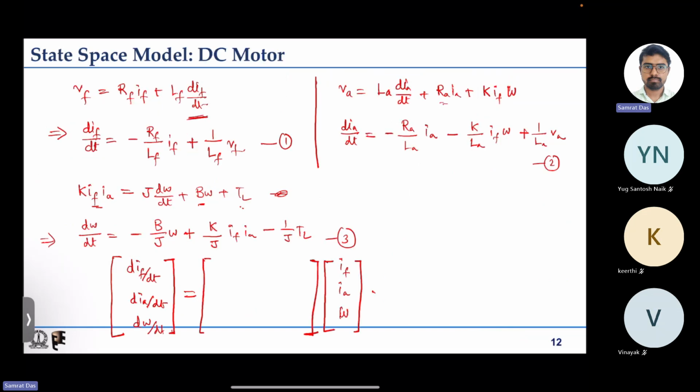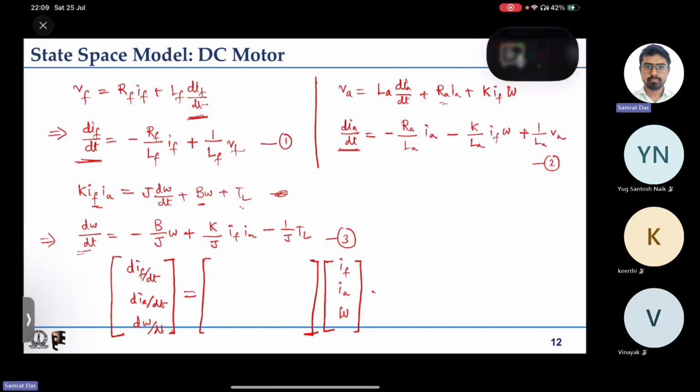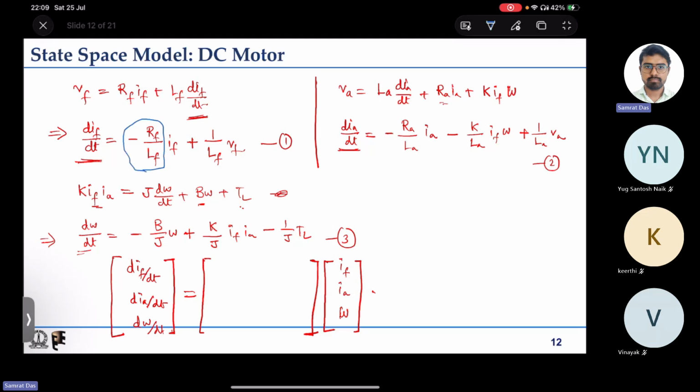In these equations 1, 2 and 3, you can see the left hand side is basically the differentiation term, that is the x dot term, and on the right hand side you can see Rf by Lf, which is a constant quantity.